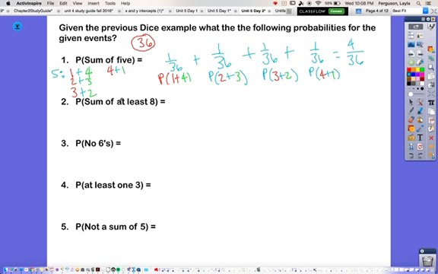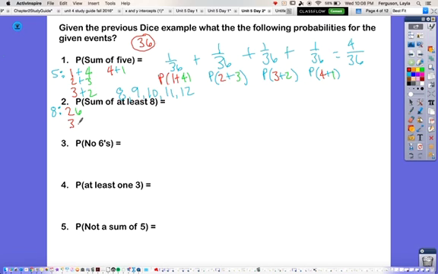All right, the probability of rolling a sum of at least 8. If I'm thinking about at least 8, that would be 8, 9, 10, 11, or 12. So if I'm thinking about 8, I can't do 1 and 7 because I can't roll a 7 on a 6-sided die. I could do a 2 and a 6.